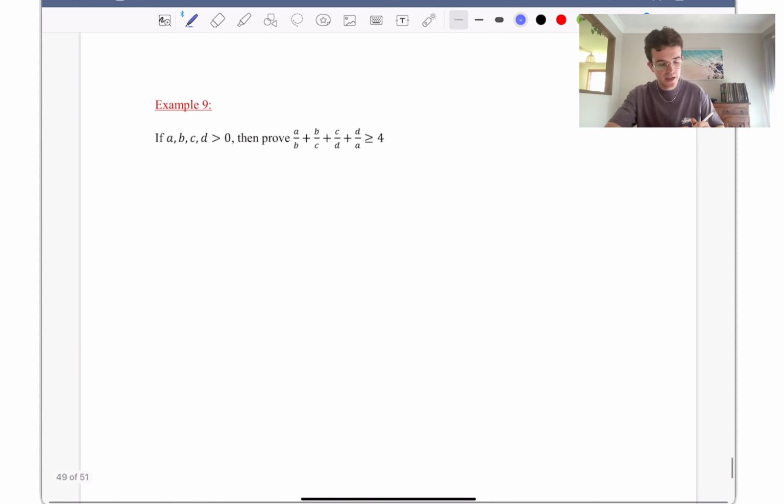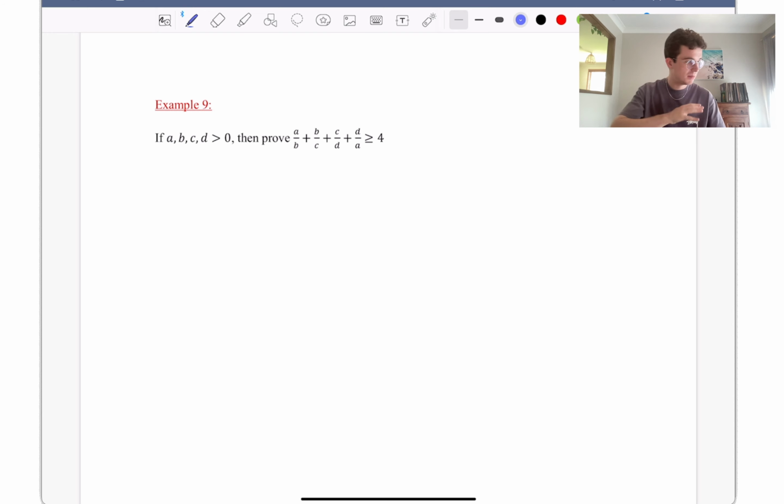Okay, if a, b, c, and d are greater than 0, then prove that a on b plus b on c plus c on d plus d on a is greater than or equal to 4. Okay, we're just going to substitute all of these into the inequality.